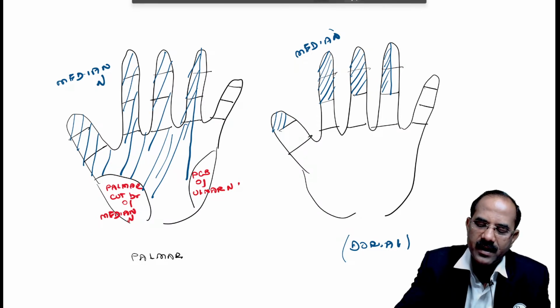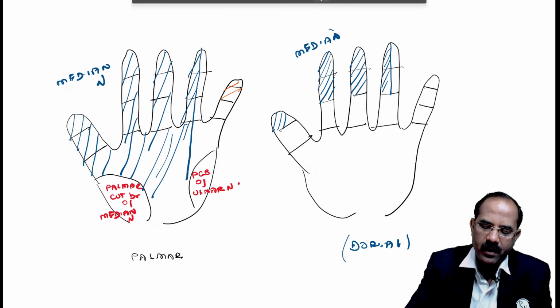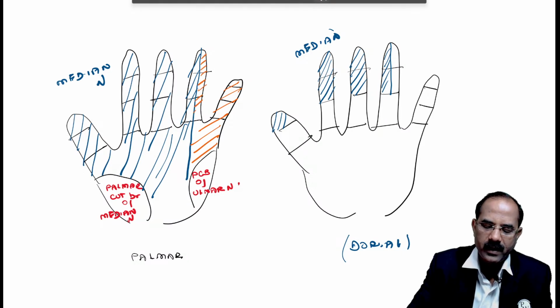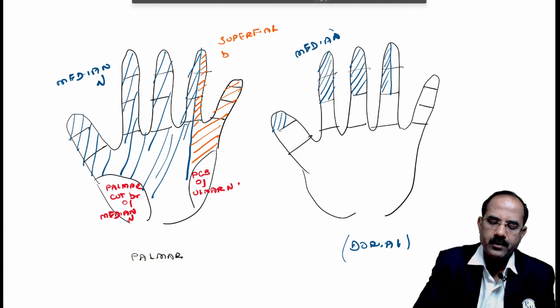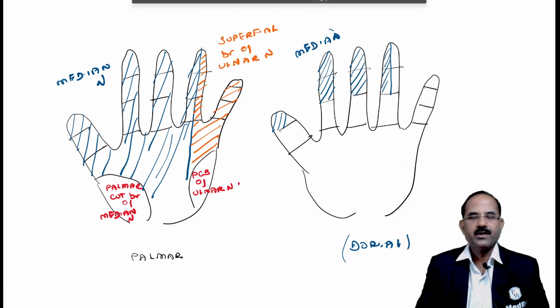Correct, students? Now you tell me, the complete 1.5 fingers on the palmar aspect are supplied by whom? The superficial branch of the ulnar nerve.